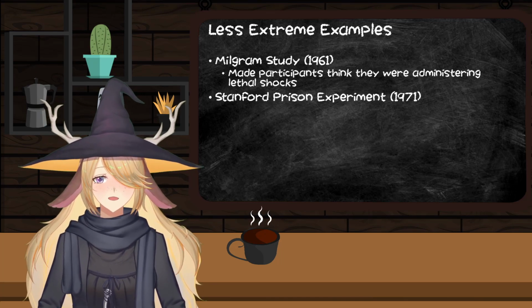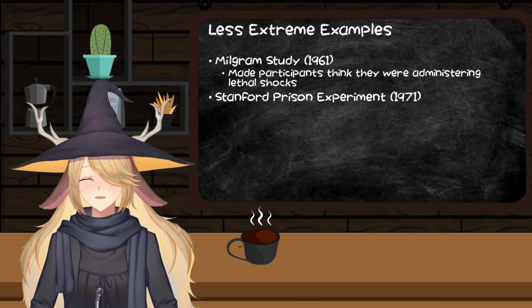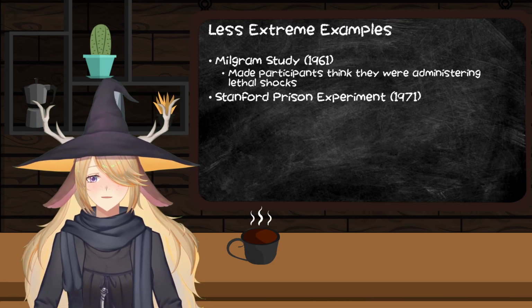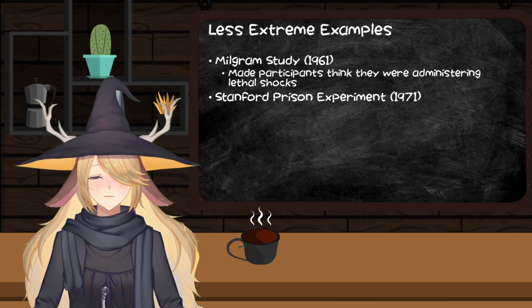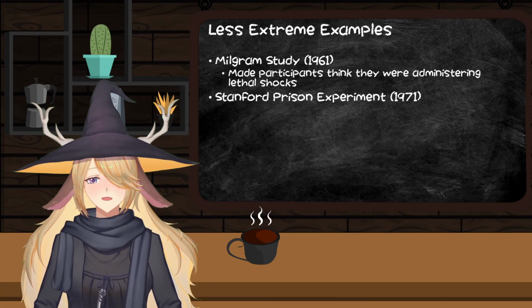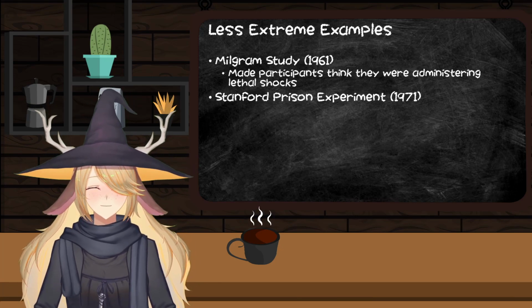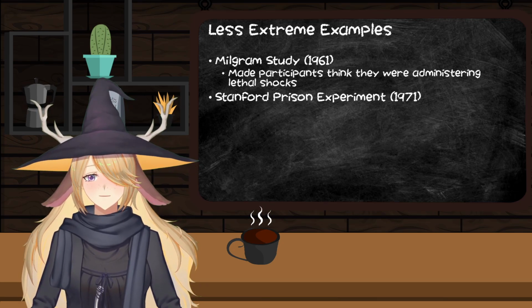You might have seen the image of the researcher in the lab coat saying, well, the experiment must continue. People were brought into the lab and they were told that this was an experiment on learning. They were given a switchboard and they were told that every time the person screws up and doesn't remember the word pairing, you are going to progressively flip a more intense electrical shock. And there was a big banner on the switchboard that eventually said danger, hazard, lethal shock.